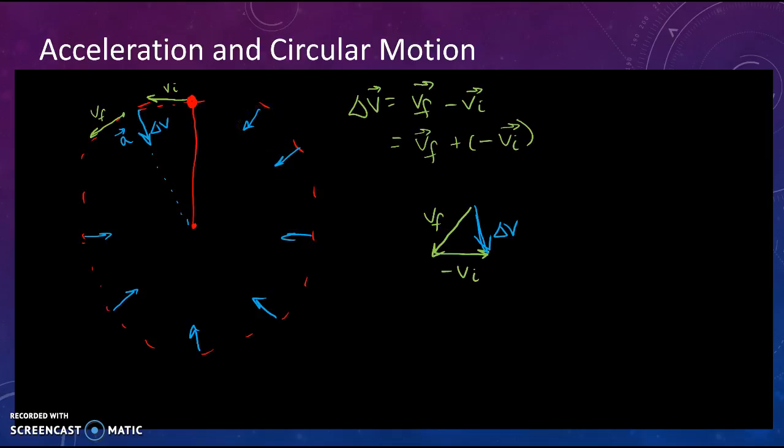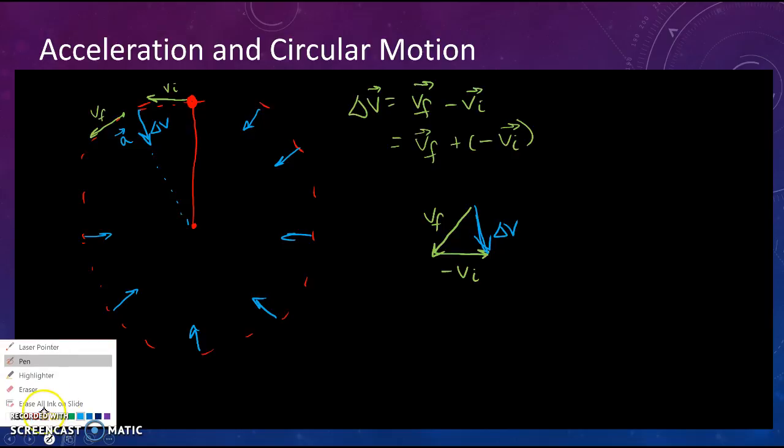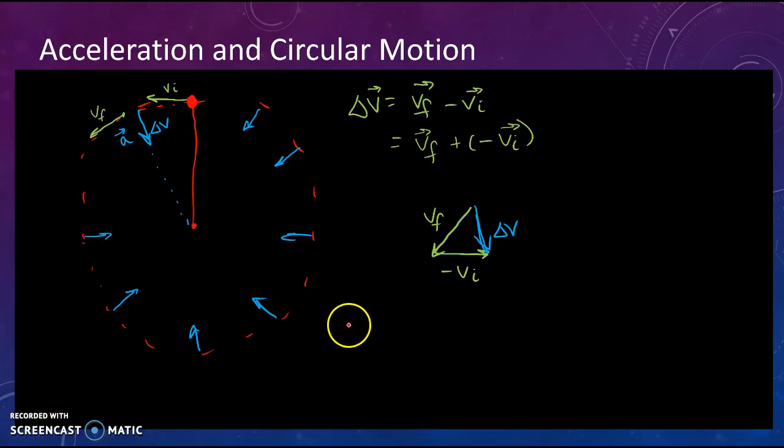Thus far, the acceleration has always had the same direction. It could be either up the ramp or down the ramp. It could be along a table. Even in projectile motion, what we noticed is, as the object was travelling through the air, it always had this downward acceleration. It's always pointing in the same direction. So this is something new, having acceleration that changes direction as the object travels around a path.